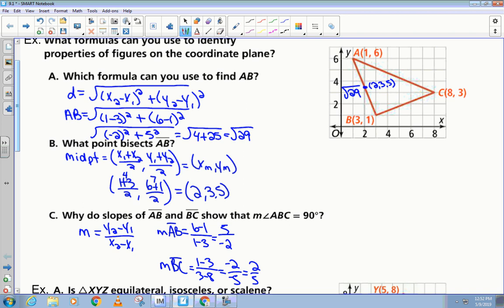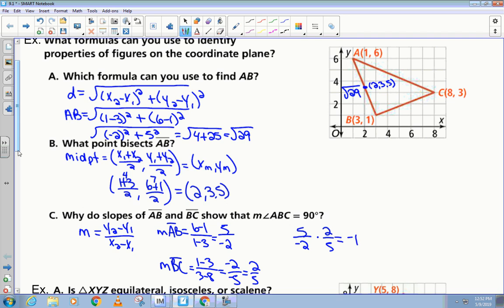One's negative, one's positive, and they're reciprocals of each other, right? What would happen if I multiplied those two together? Use your calculator. Good, great. 5 over a negative 2 times 2 over 5. What is that equal to? Negative 1. Anytime they're opposite reciprocals, their product is negative 1.